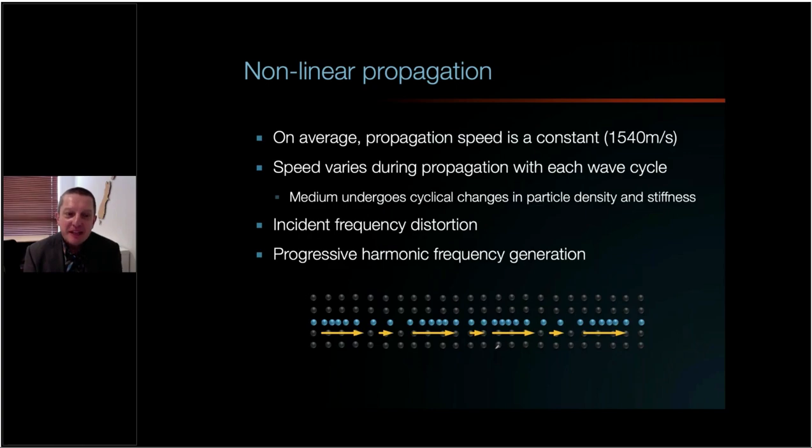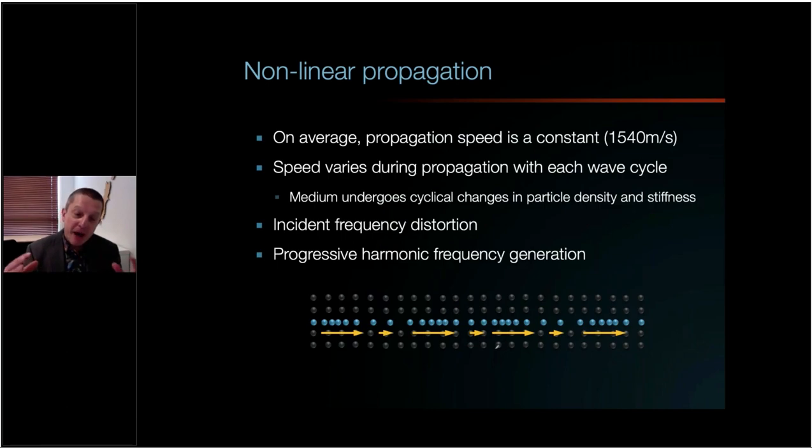Remember that the medium undergoes cyclical changes in particle density and stiffness with the propagating wave. So in fact, sound doesn't propagate continuously through tissue at a constant velocity. Rather, it speeds up and slows down during each compression and rarefaction cycle.